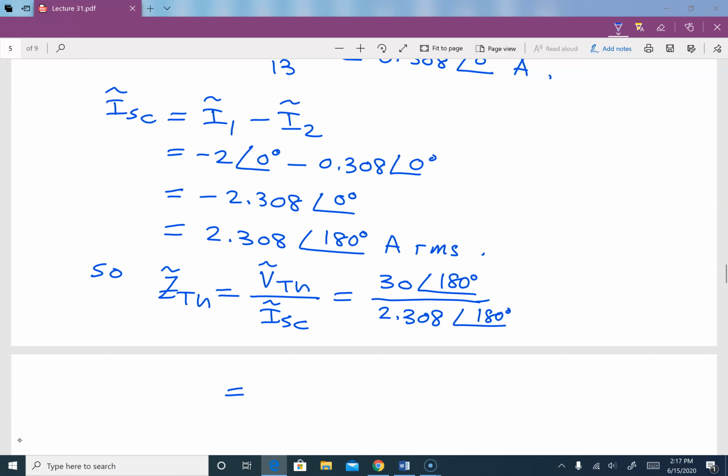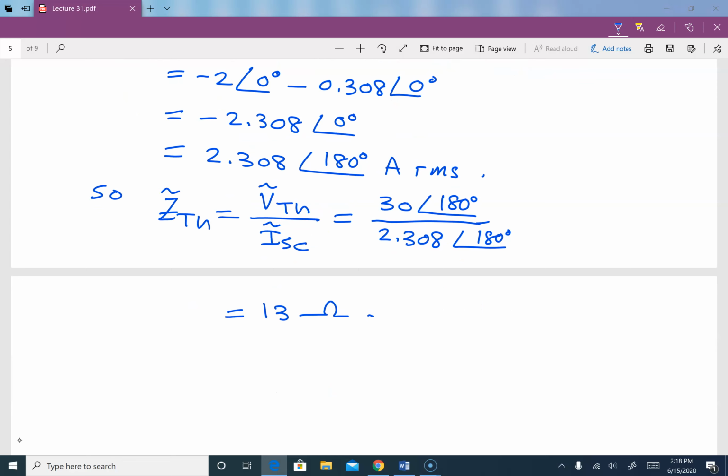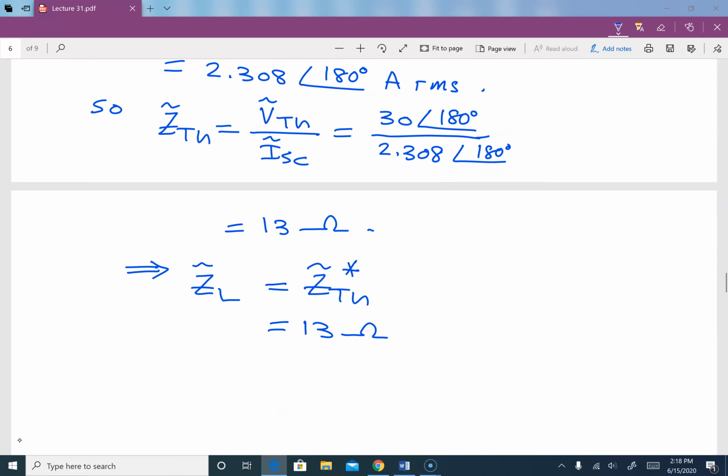So our Z Thevenin is equal to V Thevenin divided by I short circuit. V Thevenin came out to be 30 with angle 180, and our I short circuit came to be 2.308 with angle 180. And the answer here is 13 ohm. That is our Z Thevenin, which means that our ZL is equal to Z Thevenin conjugate, which is equal to 13 ohm. So there is no imaginary part here.